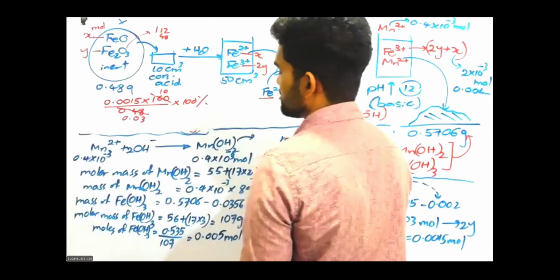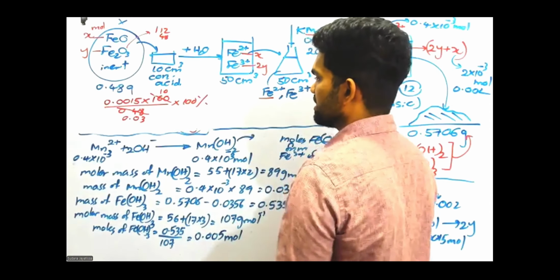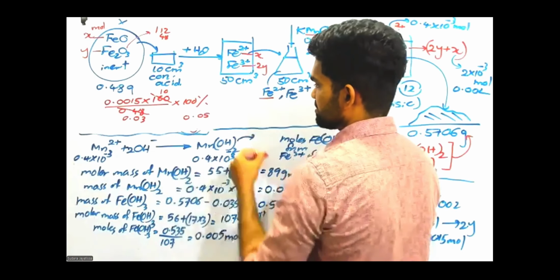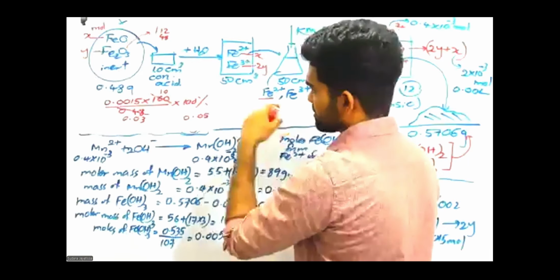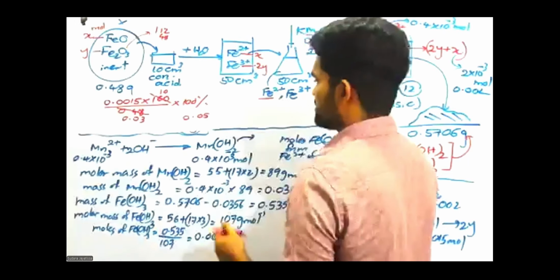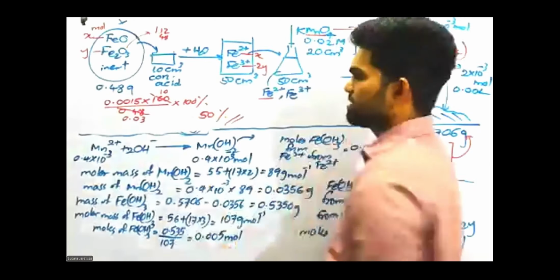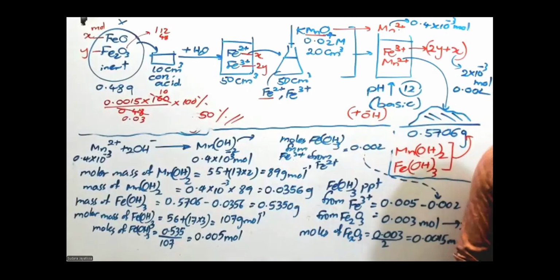Then 0.15 divided by 3, 0.05. Yes, 50%. 50% is the answer. So when you did the question at home, did you get that answer?